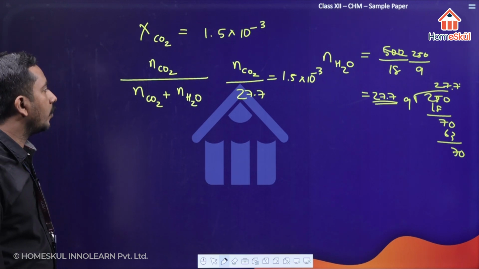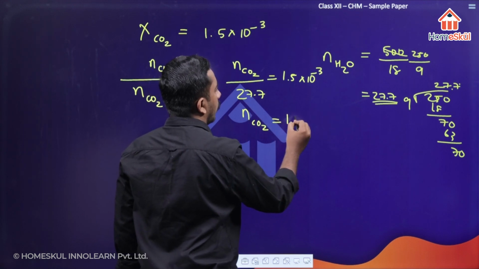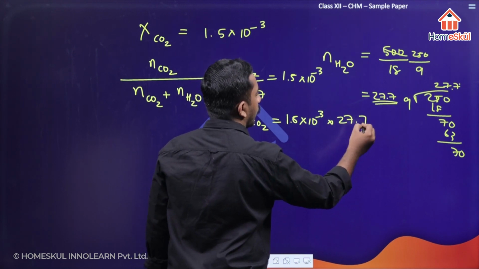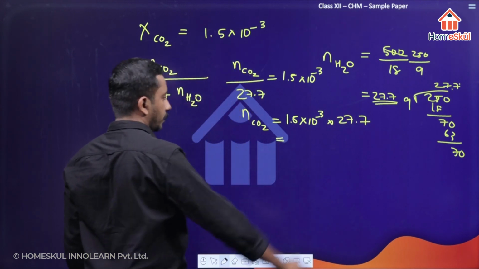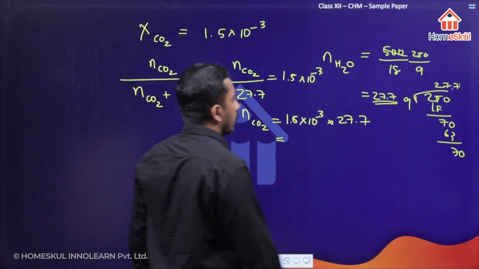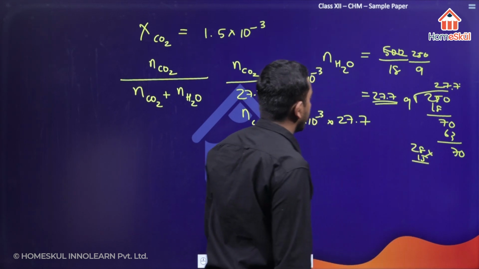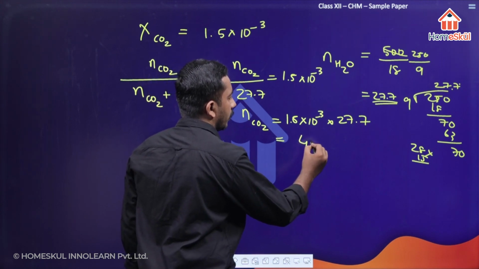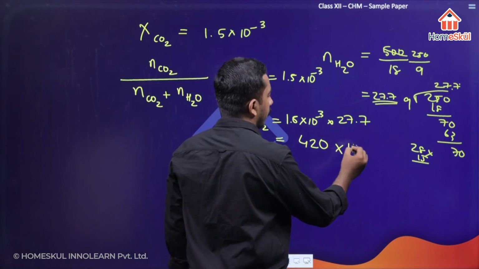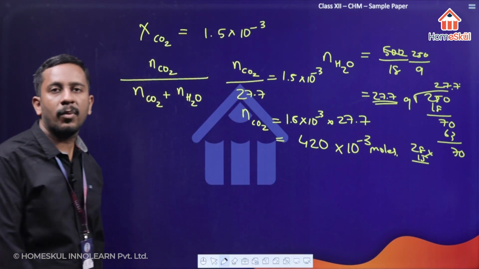From there we can calculate the number of moles of carbon dioxide, that is 1.5 × 10^-3 into 27.7. So 27.7 into 1.5, we can roughly do 28 into 15. That is going to be approximately 420, into 10^-3 moles. Okay, so that is the number of moles of carbon dioxide.